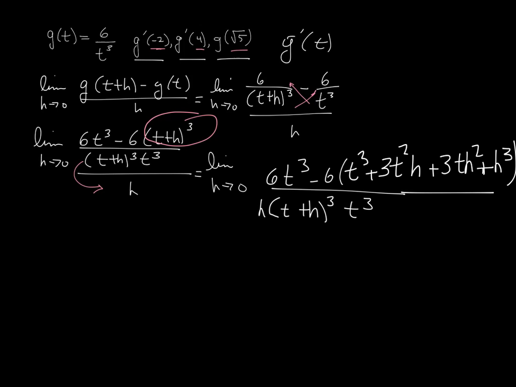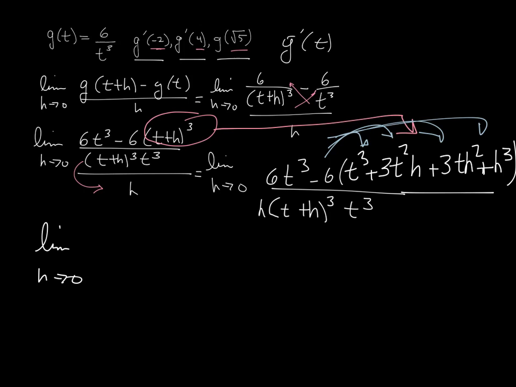So all I did was simply cube t plus h. So now I have the limit as h goes to 0. As you can probably guess, I'm going to have to distribute this -6 to everything in parentheses.